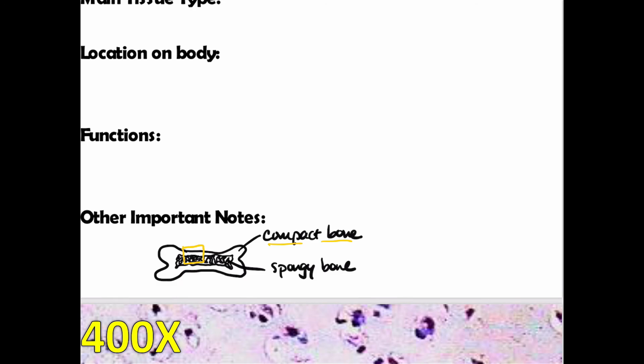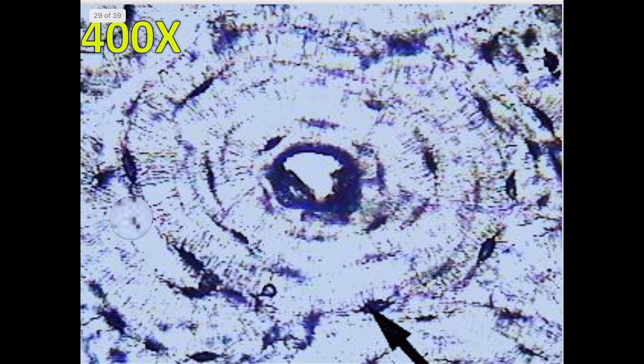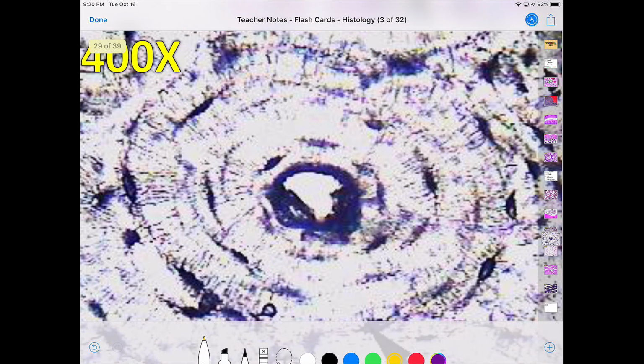I'm going to try to differentiate and make more sense of this in just a second, but it is important to know that this one is zoomed all the way in, and this is just zoomed out even more. Maybe I can have you draw something once you flip it over. If you have red, shade in the middle here, this is where a blood vessel would be. So this thing right here is actually called a central canal.